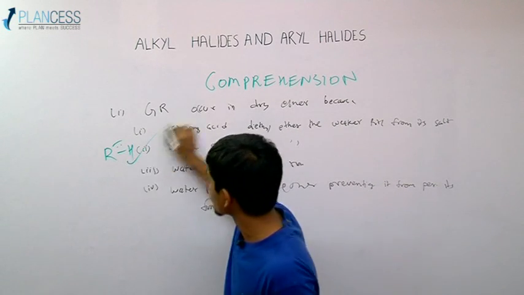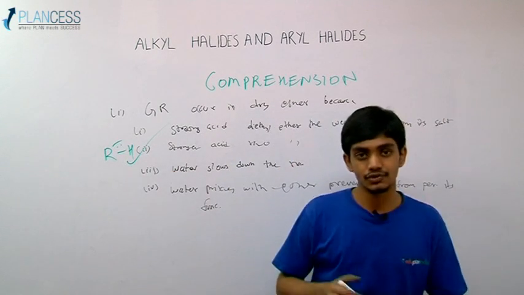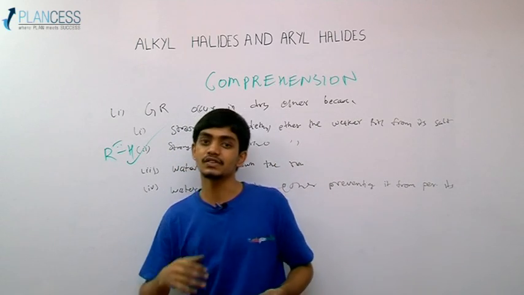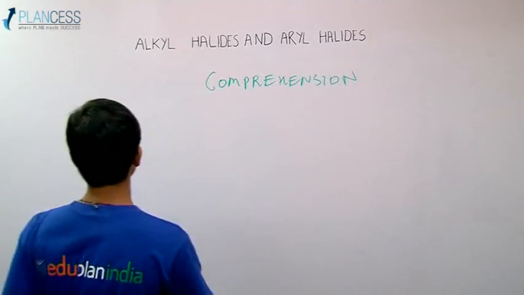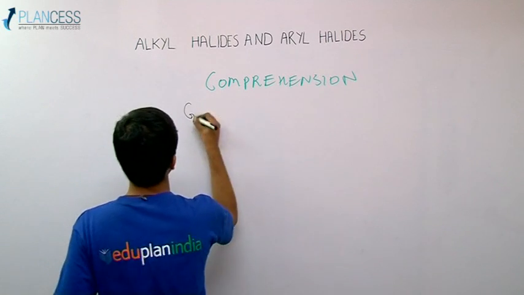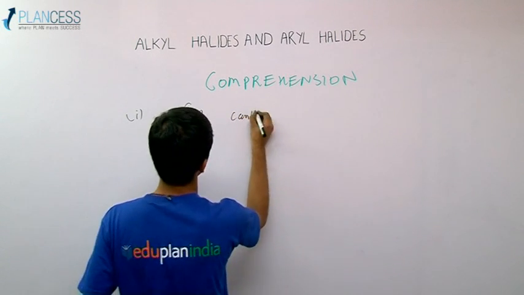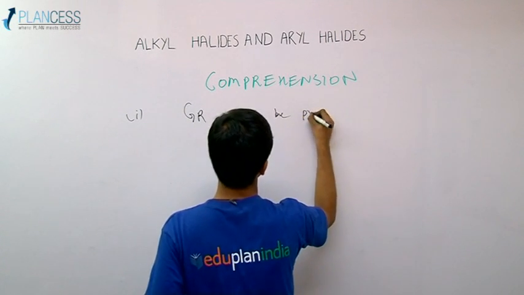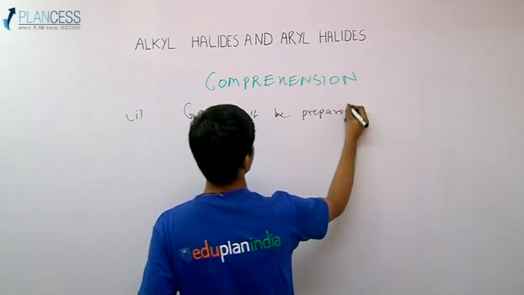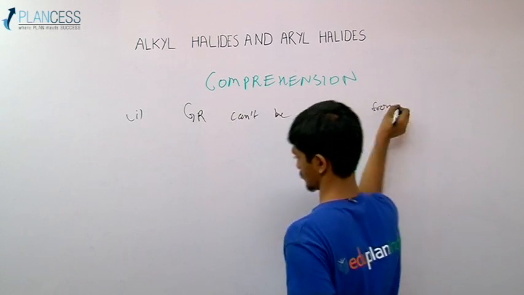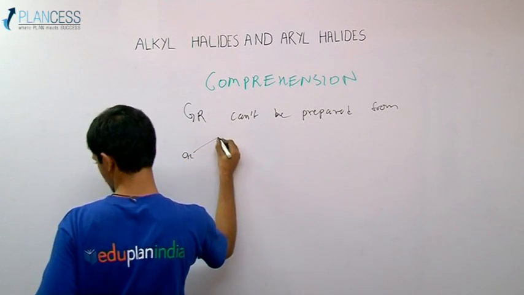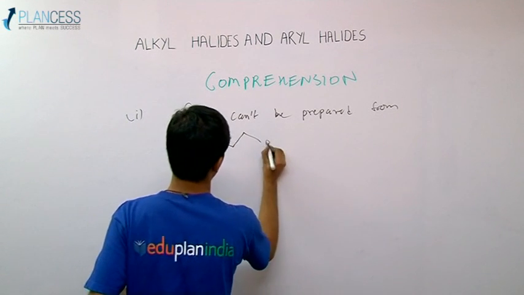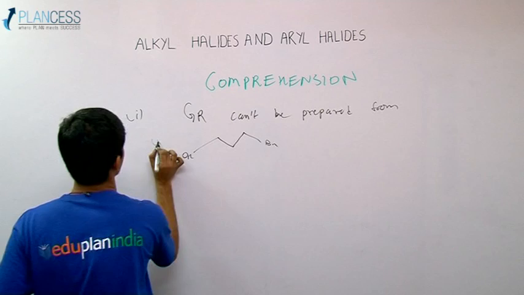So the correct statement is the second option, that the stronger acid H2O displaces the weaker acid RH from its salt. The second question on this comprehension is, Grignard reagent can't be prepared from which of these? First option, OH and Br.